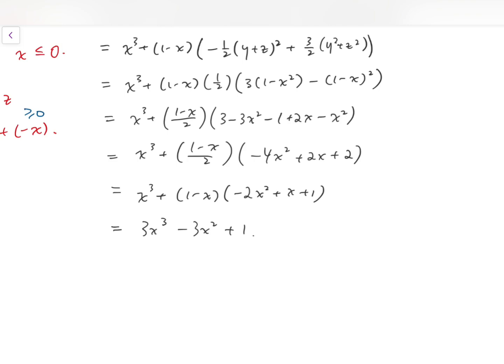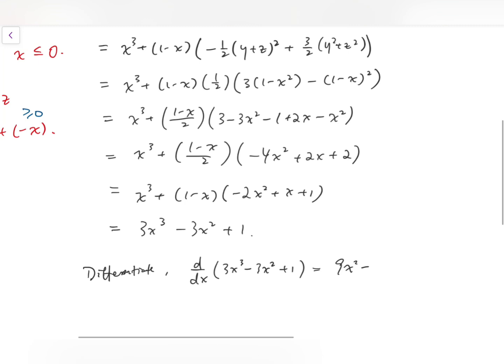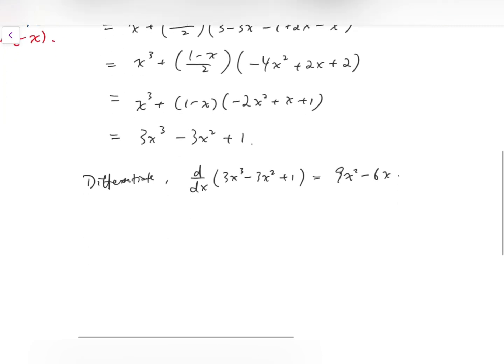Now at this point, because I'm going to find the minimum, I'm going to cheat a bit. I'm going to use calculus. So differentiate it. It equals 9x squared minus 6x.